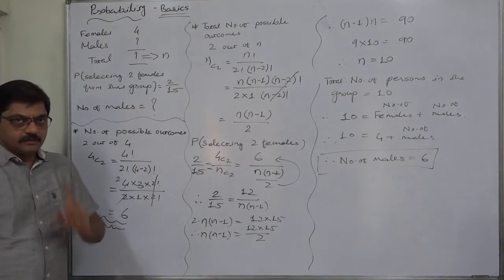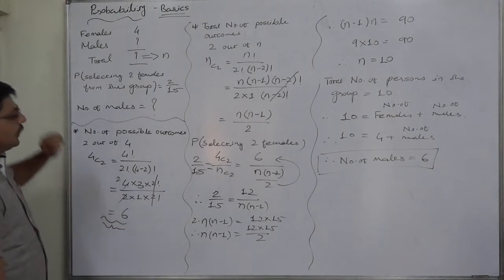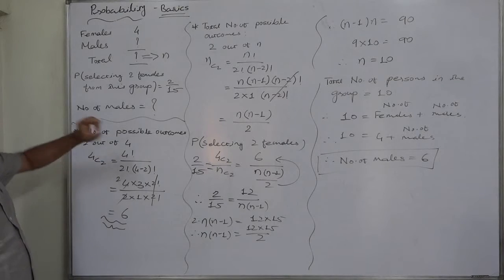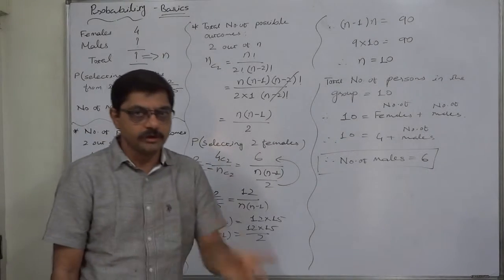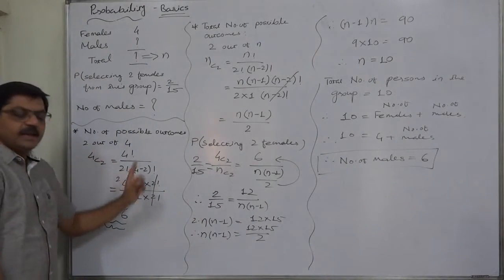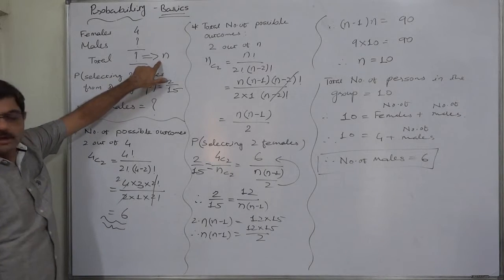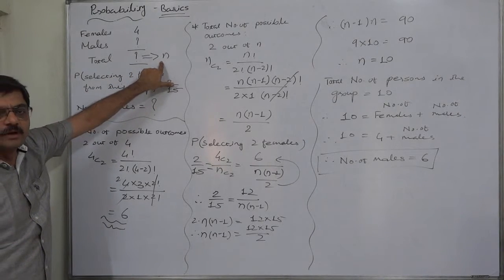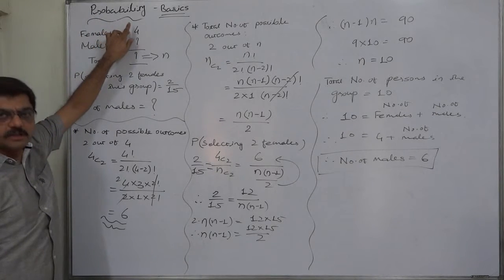Now mind well, wherever you face this kind of question, never assume that the number of males be x or n or so. In this kind of problem, always first assume the total number of persons, members, whatever the case may be.